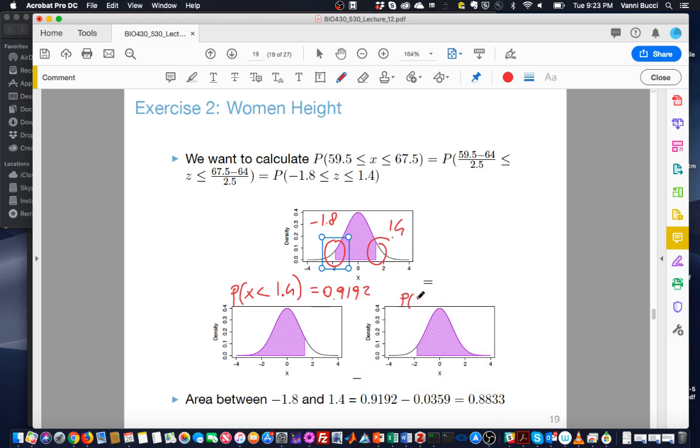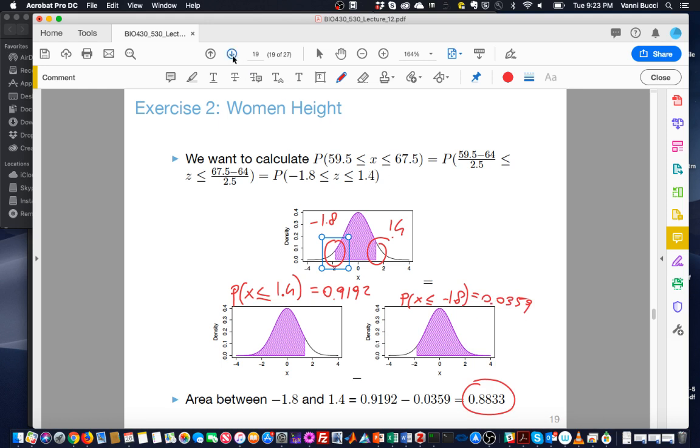The probability of z less than minus 1.8, based on the table, is 0.0359. Therefore the area in between these two is the subtraction, which is about 88%.